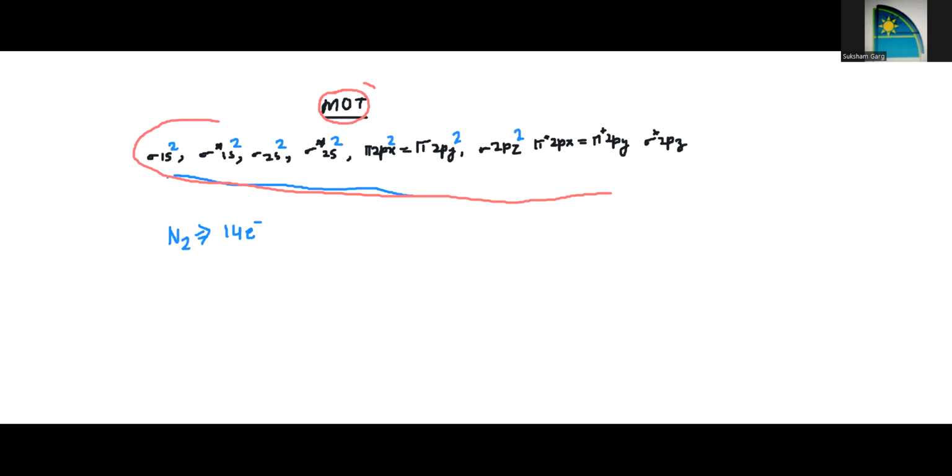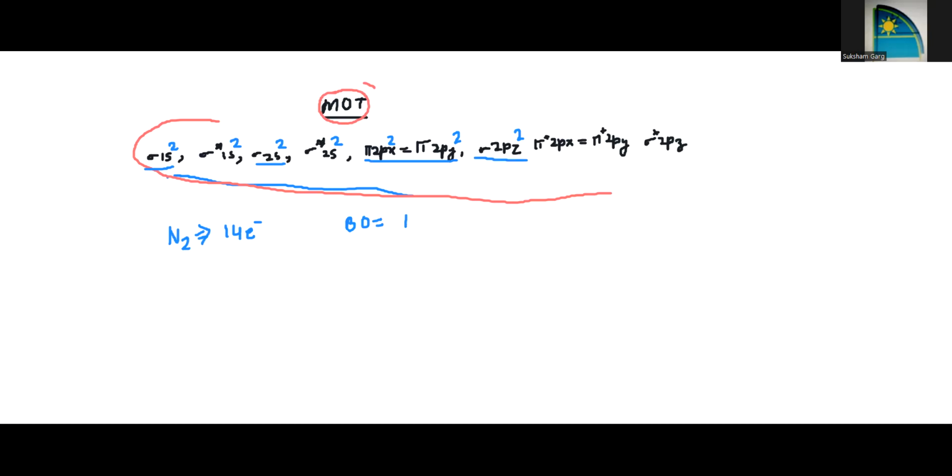That's all. Now, to calculate the bond order, we have a simple formula: bond order is half of the number of bonding electrons minus the number of anti-bonding electrons. Bonding electrons mean those without the star: 2, 4, 6, 8, and 10.